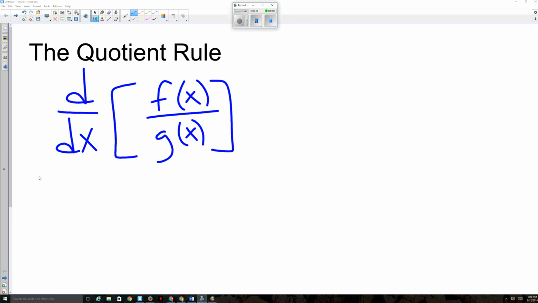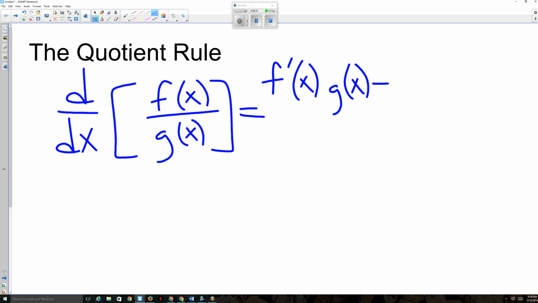Okay, and like the product rule, we could go back and look at the limit definition, but we're not going to on this one. I'm just going to tell you what this one is. It's very similar to the product rule, but there is a very important change. So just like the product rule is going to be f prime of x times g of x, and then we're going to subtract when we divide.